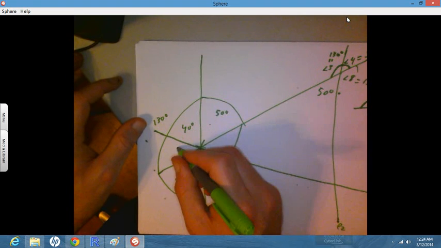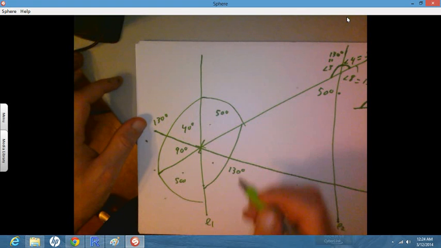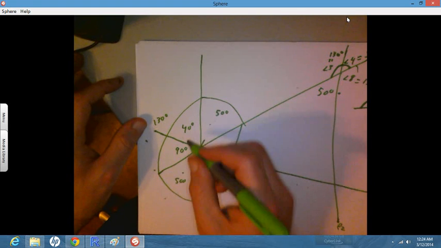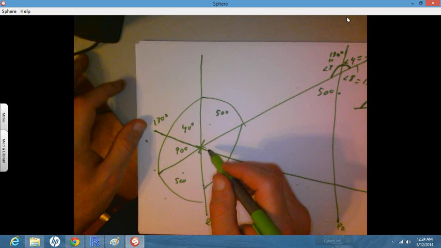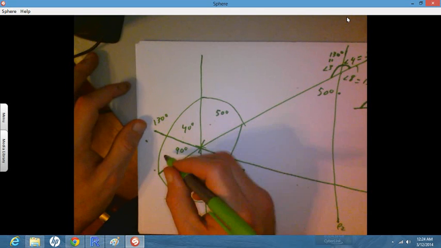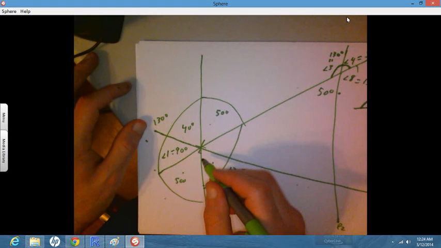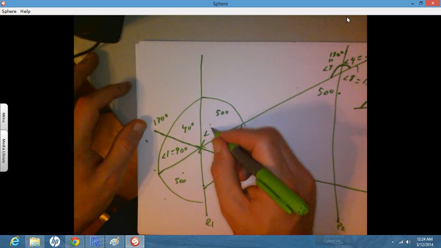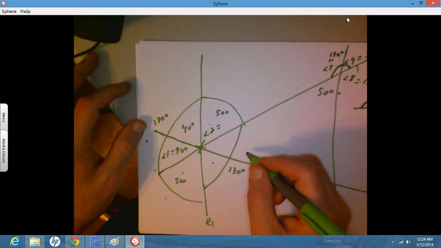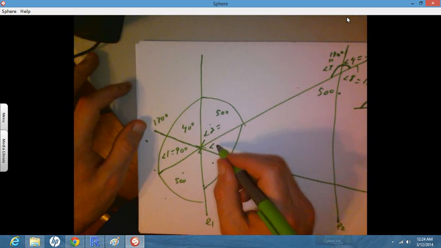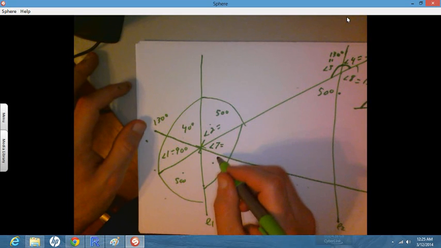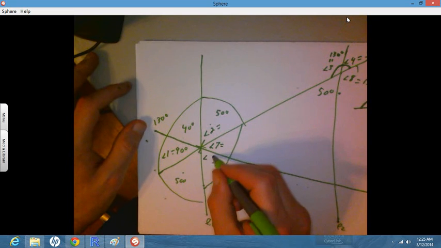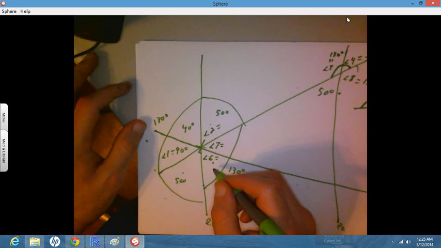Now I can start using vertical angles, so I'm going to start filling in my other angles. So this is angle 1 in the book, and this is angle 2 in the book. I already know angle 2 is 50 degrees. And this is angle 7 in the book, and this is angle 6 in the book, and this over here is angle 5 in the book.